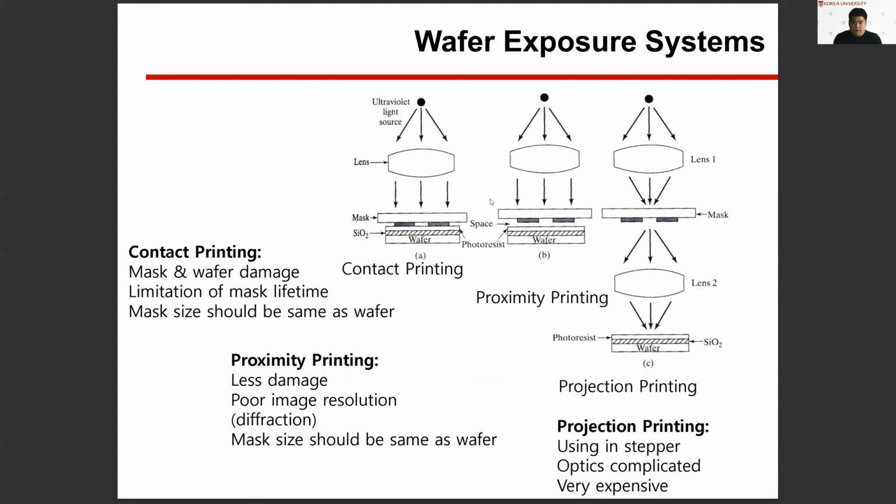Contact printing devices are much cheaper than other exposure devices, but because the masks and the wafers are in contact, the photoresist can stick to the mask, or the mask can damage the photoresist or the wafer itself.